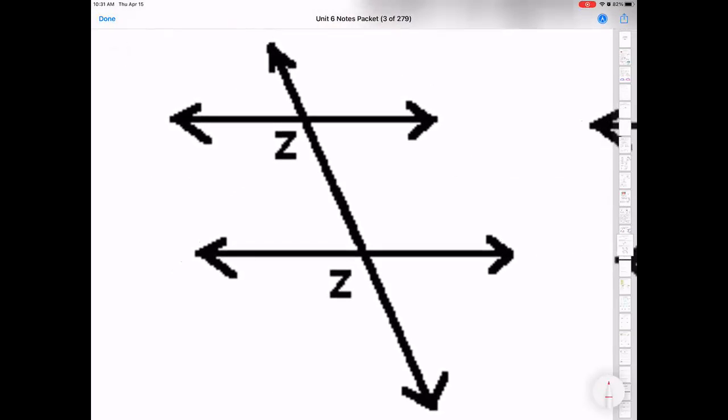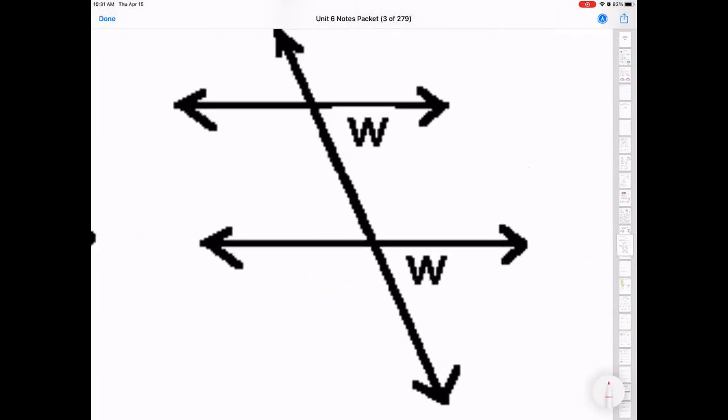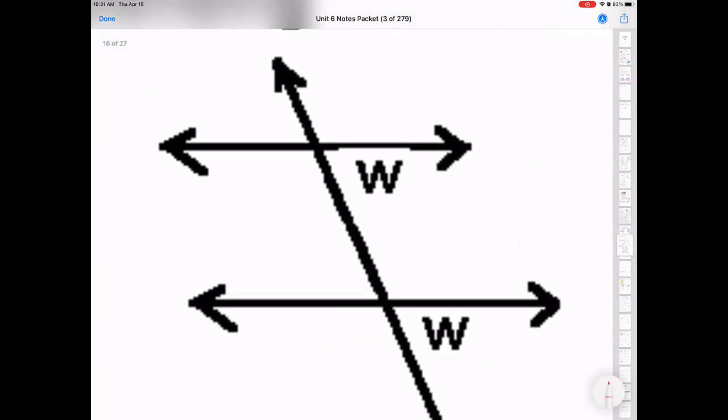One's on the inside, one's on the outside. Z, this one, is considered to be the inside one. This guy would be considered the outside one. And then finally, this W right here. Those are corresponding angles.